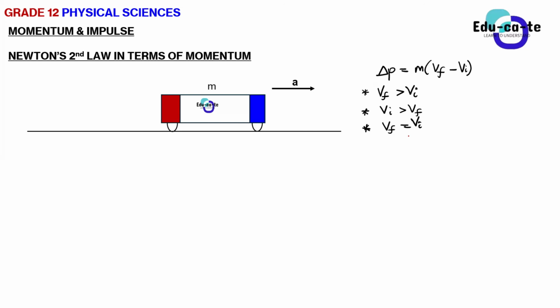If final velocity is greater than initial velocity, the direction of the change in momentum is going to be to the east. Why? Because when we subtract initial velocity from final velocity, it's going to give us a positive value.